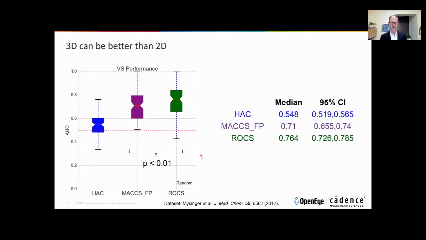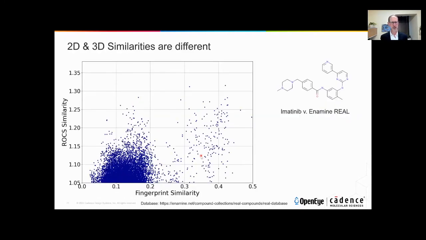So returning to our virtual screening problem, looking at 2D and 3D methods. If I plot a 2D similarity, fingerprint Tanimoto here on X, and then on Y, the ROCS similarity, this is a sum of 2 Tanimoto coefficients, 1 for shape and 1 for color, so it scales 0 to 2. You can see that the fingerprint similarity and the ROCS similarities do not relate to one another.